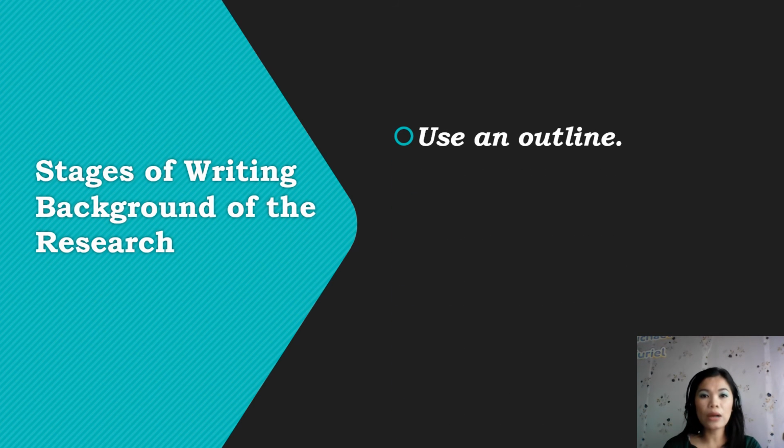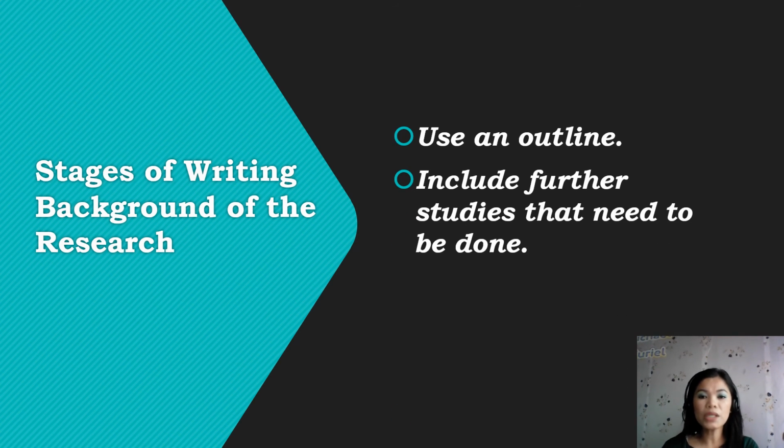Use an outline. You can divide the topic, and maybe there will be subtopics or subheadings in your background of the research, to arrange them in a logical way, that includes further studies that need to be done.